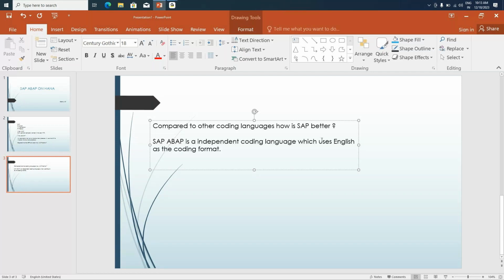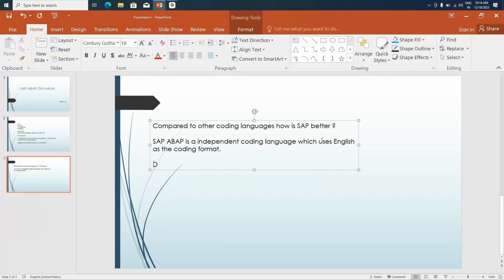As an ABAPer, what would be our normal responsibilities in general? As I told you, we'll have multiple business areas wherein people will be configuring things in SAP. Our job is to align those and extract the data from the database.